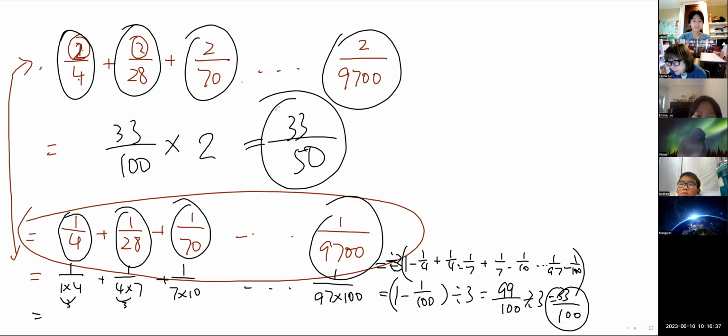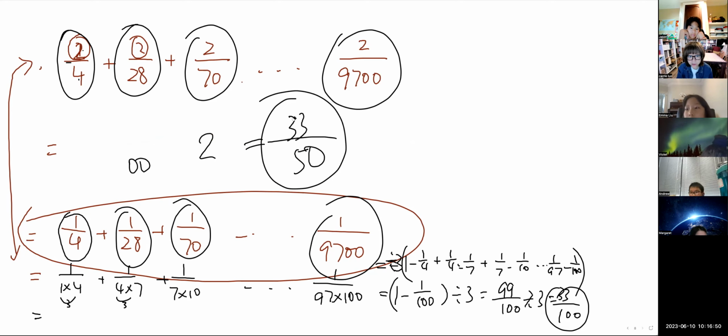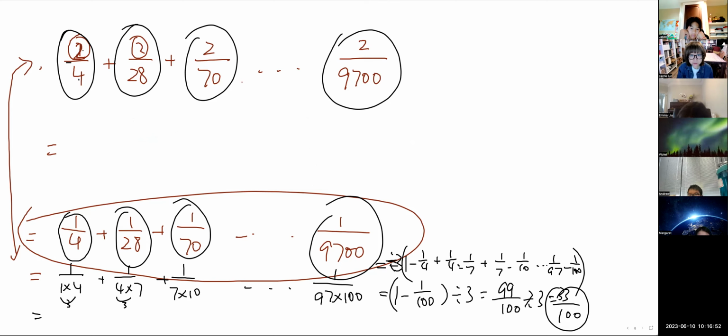Get it, Emma? Get it, Jason? Get it, Andrew? Okay, so we just compare with the original one. You see, each one is 2 times bigger, so the answer is just multiplied by 2. So when we do this question, how do we do it? We know the difference comes from where? Coming from the denominator, right? We know the denominator difference is 3.